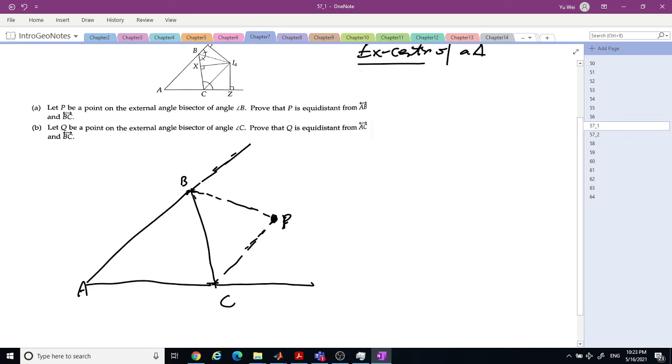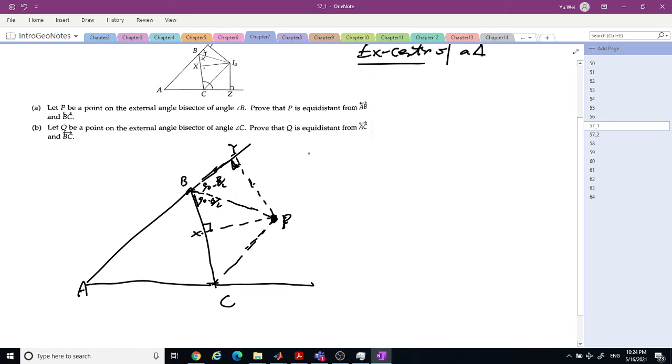So because this is the angle bisector, right? So we draw the two perpendicular lines. Here is the X, here the Y. Here is the 90 minus B over 2. Here is the 90 minus B over 2. So these two angles are the same, right? And also this is the angle bisector.